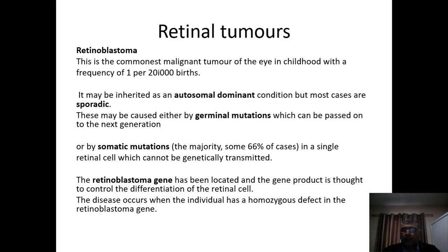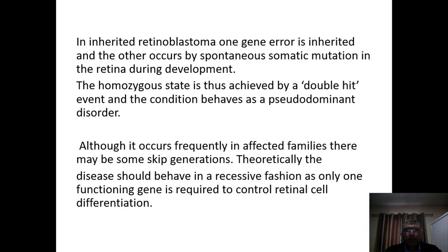It may be associated with a germinal mutation passed to the next generation, or it may occur with a somatic mutation affecting a single retinal cell and cannot be genetically transmitted. The retinoblastoma gene was discovered, and it is thought that a mutation, a homozygous defect, should occur in a pair of these genes to develop the disease.